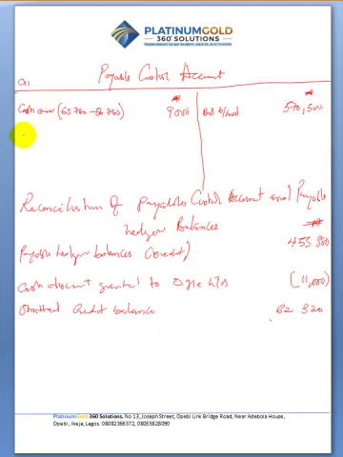What do we have there? Purchases daybook overcast, 54,800. Beloved, that is all.